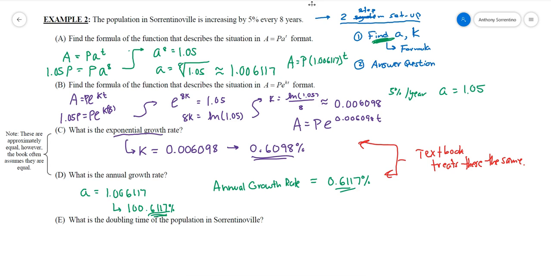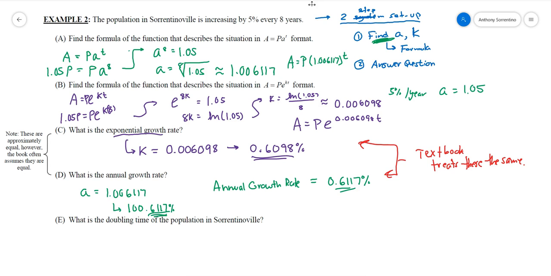Just be aware of that. When they ask for an annual growth rate for problems in your MyMathLab homework, or they tell you that you have a certain percentage per year, make sure that if you're using the e to the kt, you are treating it the same as that. But technically, it shouldn't be.